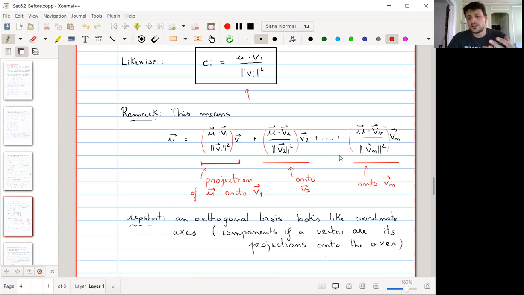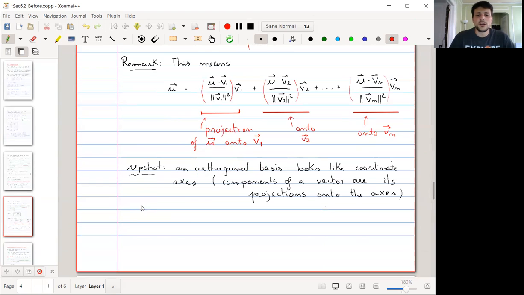We've seen this phenomenon without giving it much thought using the usual coordinate axes. If you think about coordinate axes in R3, or maybe even simpler in R2, you see that every vector in R2 decomposes as the sum of two vectors, which are its projection onto one of the axes and its projection onto the other one of the axes.